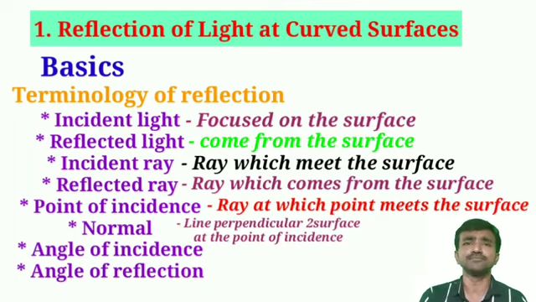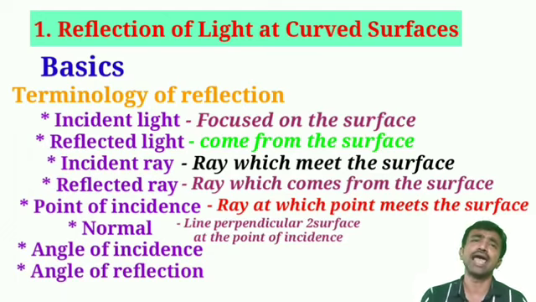This normal is used in ray diagrams. It is denoted by a dotted line, so it is distinguished from the incident ray and reflected ray. The normal lies exactly between the incident ray and the reflected ray.